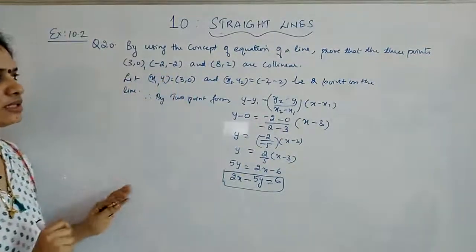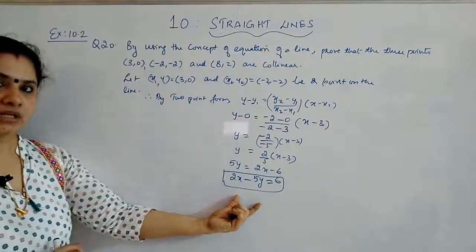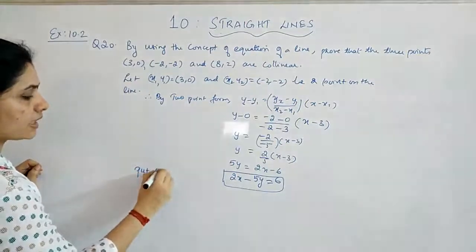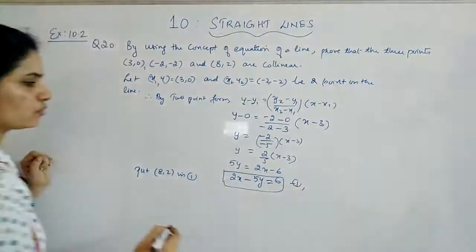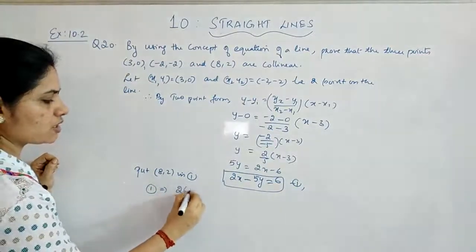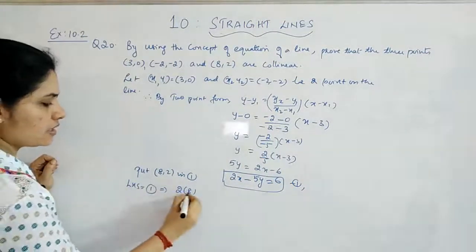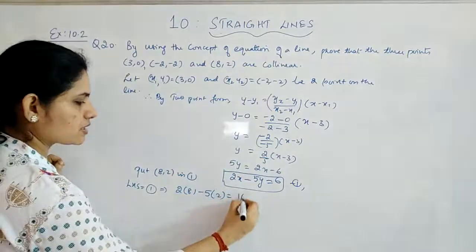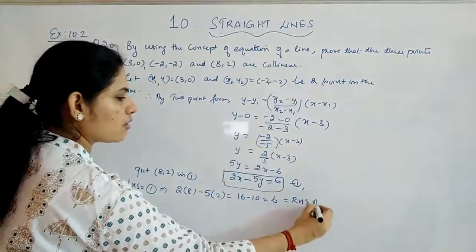Now we are checking whether the third point satisfies this equation or not. Putting (8, 2) in equation 1, the LHS of 1 will be 2 into 8 minus 5 into 2, which is equal to 16 minus 10, which is equal to 6, and that is your RHS of equation 1.